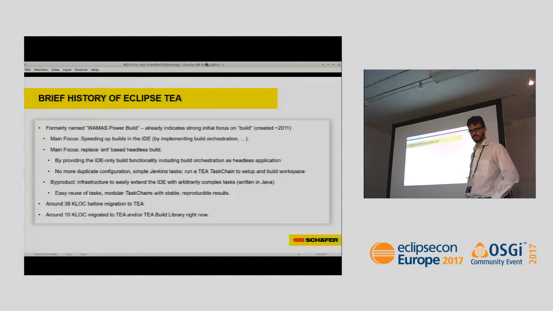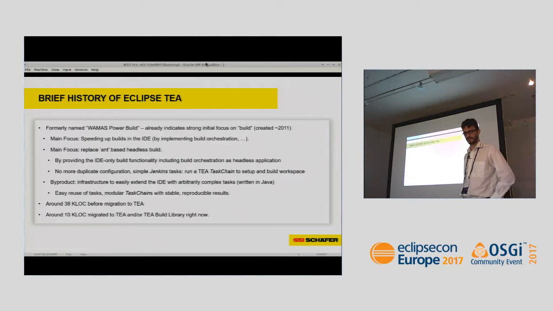Last year, we decided that we want to open source that, based mainly on the interest that I got at last year's EclipseCons, where I was presenting what we do with our IDE and how we extend that, and Vamos Power Build was one of the things I presented. There was quite strong interest in that, so we decided to make it open source.